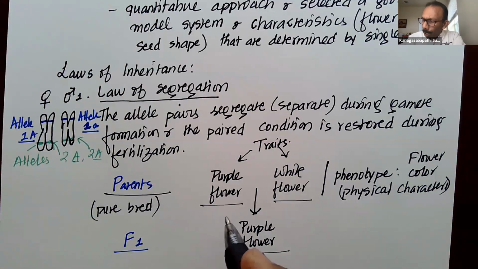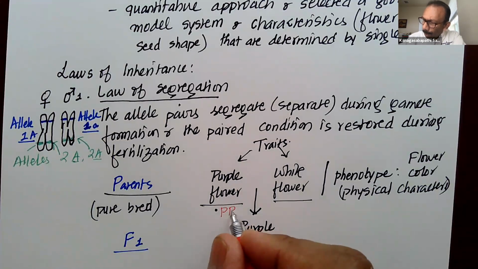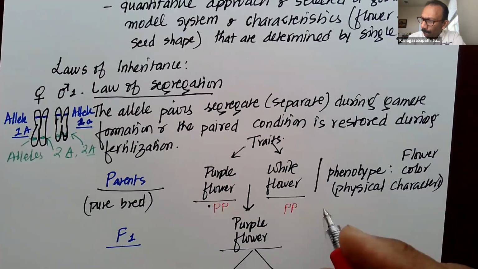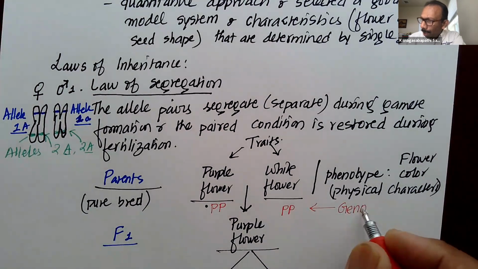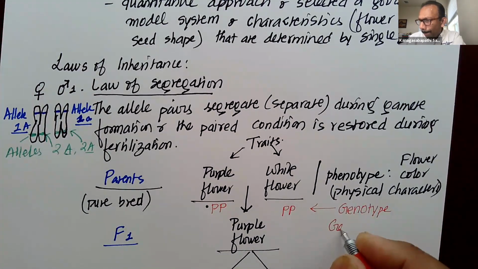Okay. So for the purple color, he used the notation, I'm going to use a different color so we can keep track of this, uppercase P, and lowercase p, and this is what is called the genotype, and the genotype is nothing but the genetic makeup. Okay.